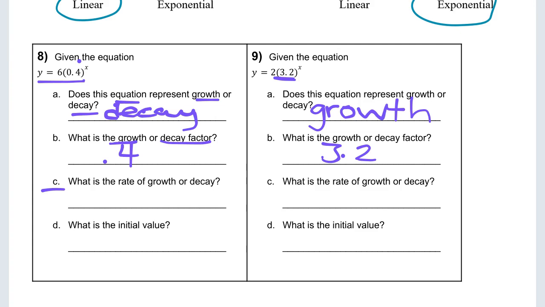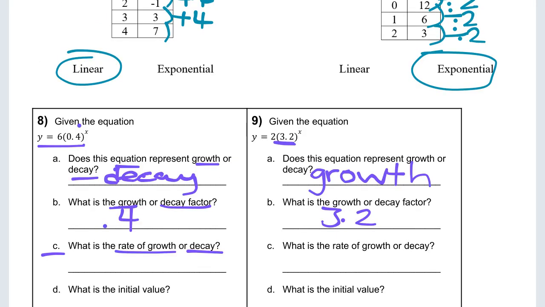Now part C may be challenging. To identify the growth rate or that we're finding the rate of growth or decay, we would then identify that by subtracting 0.4 from 1.